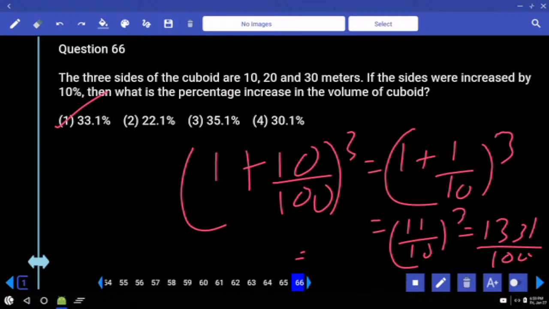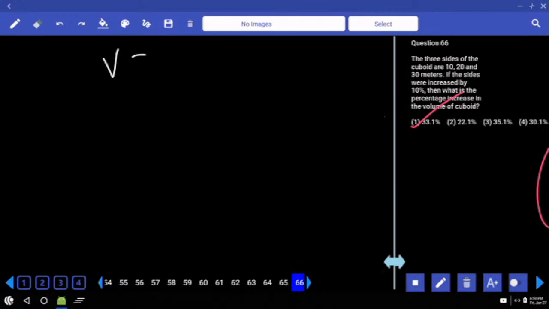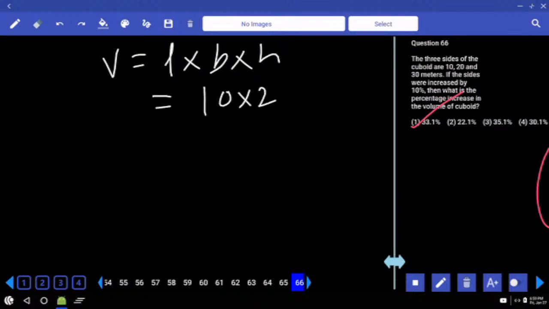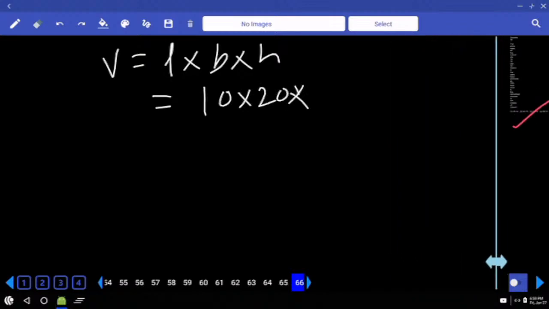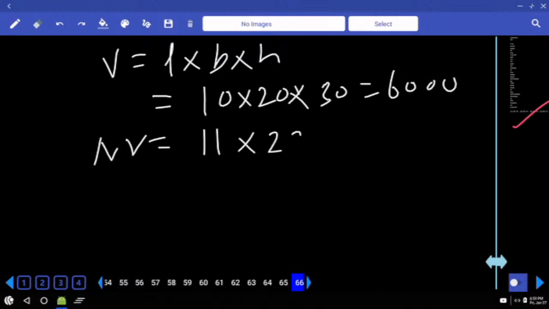Another concept is, if you don't have an idea, you can simply multiply. What is being asked? Volume. What is the volume of a cuboid? This is the basic method. You can prefer whatever you want. L into B into H. Initially, what was given? 10, 20, 30. How much? 6000. Yes or no? Now increasing each of its lengths by 10%, the new volume: 11, 22, 33.